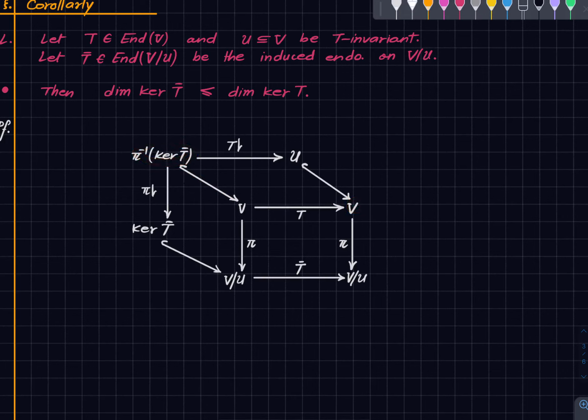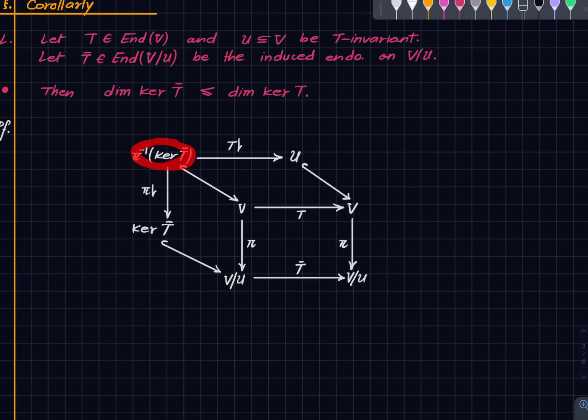We can depict that pictorially via this appendage. This arrow is just the restriction of T to this particular subspace of V, that's all. And we know that since everything here under T maps to U, here we can write a U, and this entire thing is commutative.